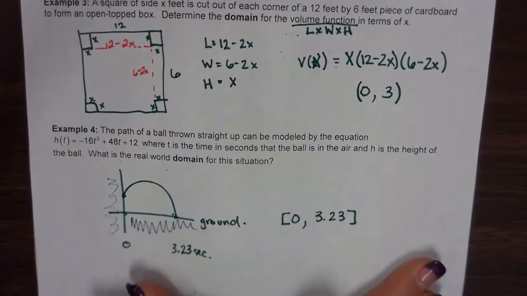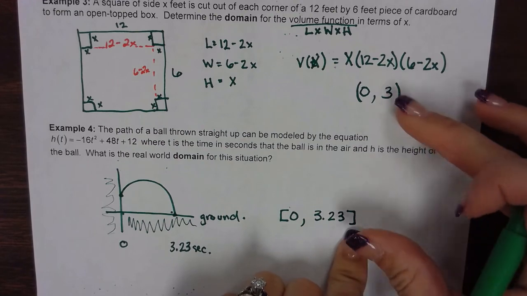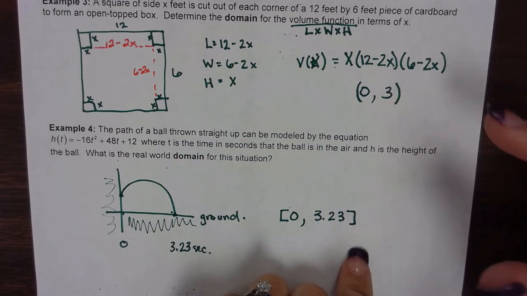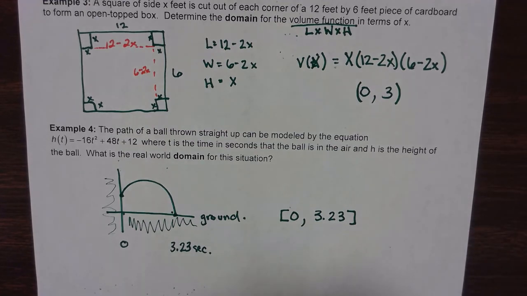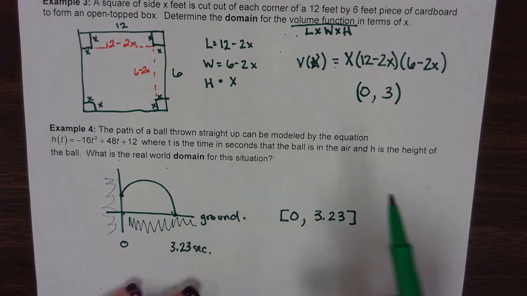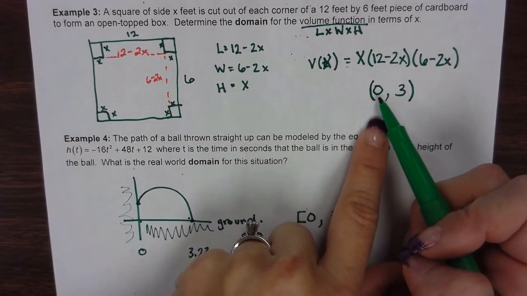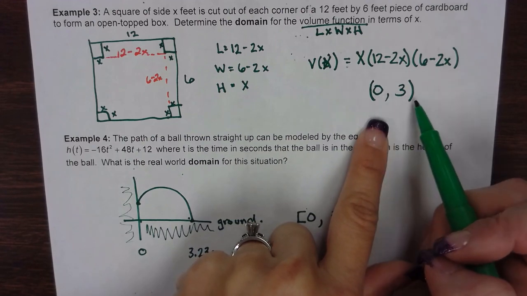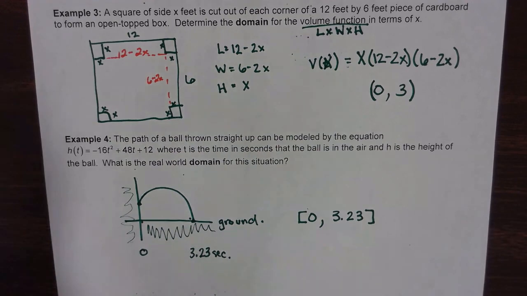So make sure you know the difference between the parenthesis and the bracket. Also, I'm going to put it in interval notation, but also be okay with writing a sentence about it. You know, the domain or time can be set between 0 and 3.23 seconds. The length, width, and height can be 0 or start at 0 to 3 with parentheses around it. Alright, start your practice.